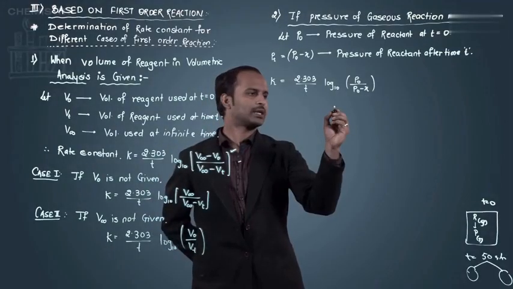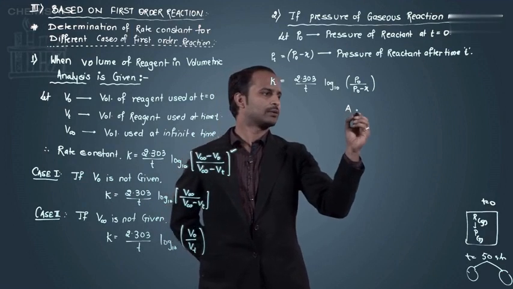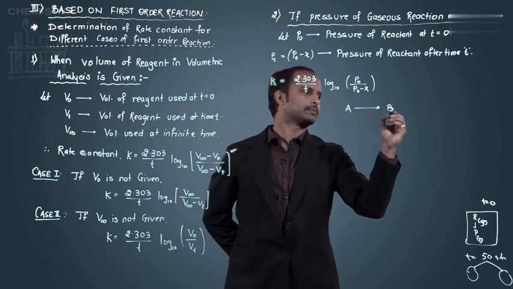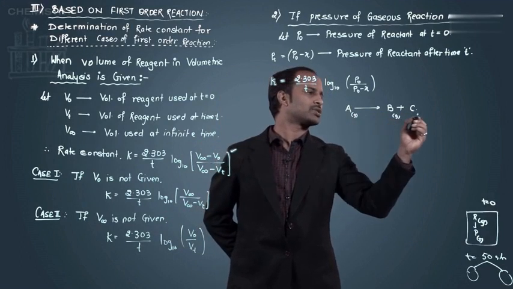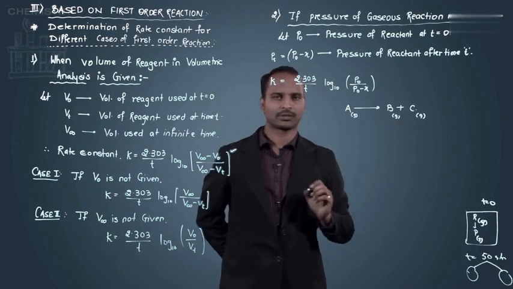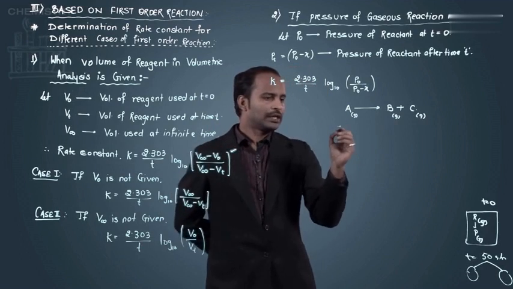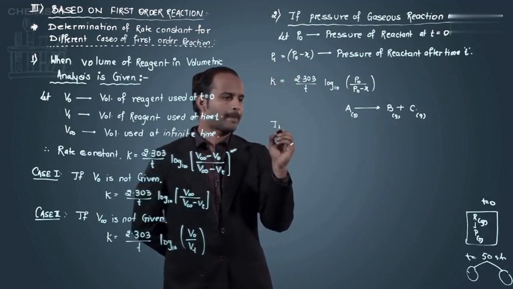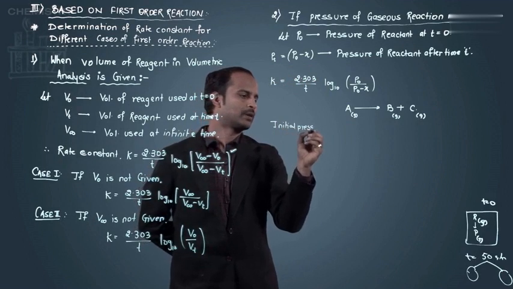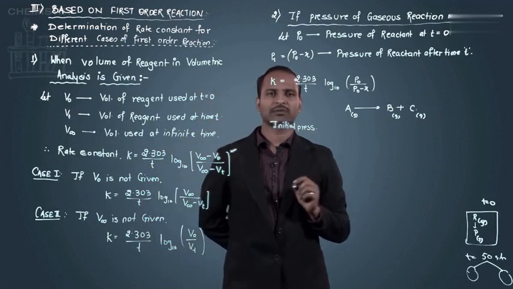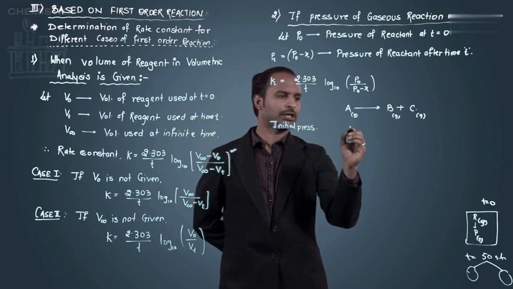Now suppose there is a reaction like A gives B plus C. A is in a gaseous state, B is in a gaseous state, C is in a gaseous state. Now, the initial pressure, that is the pressure when the time is equal to 0, is going to be P naught for the reactant.